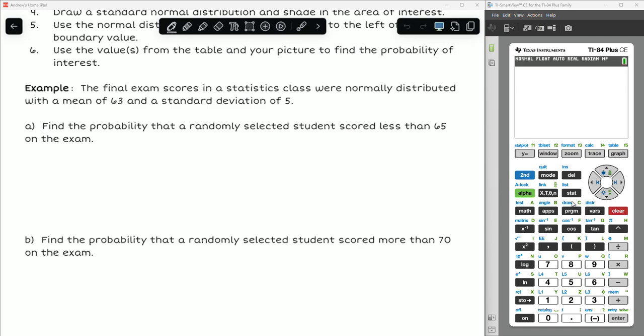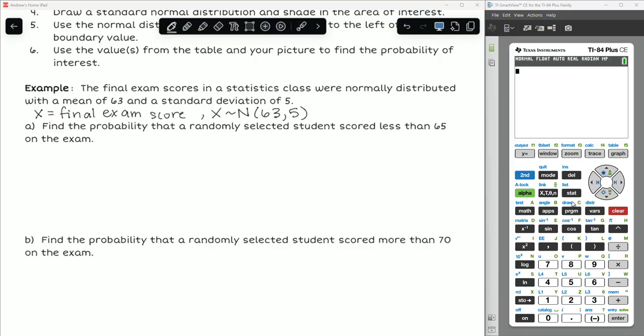In the problem, I am told that my random variable is a final exam score, and that those final exam scores are normally distributed with a mean of 63 and a standard deviation of 5.